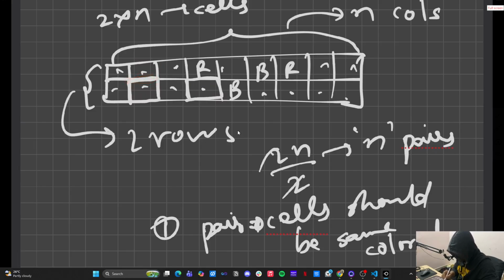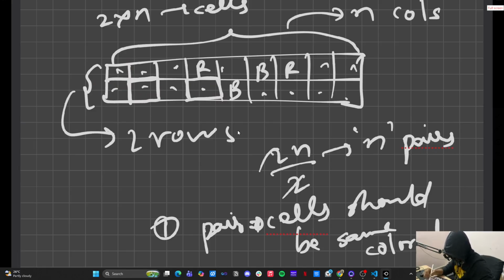Similarly, these two cells can be made a pair because they share a common side here. Similarly this cell can be paired with this cell because they share a side. So the spoiler of this problem is that it's a greedy problem.